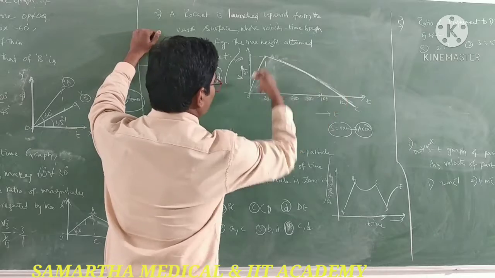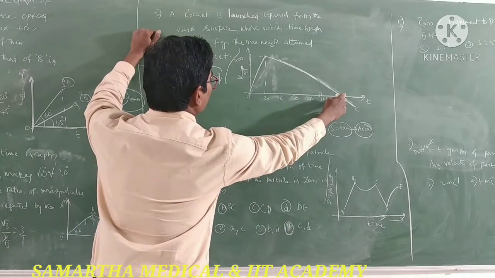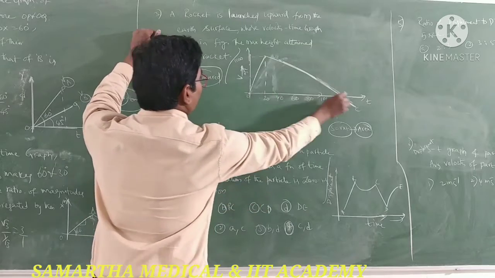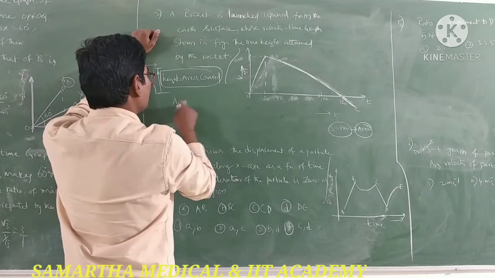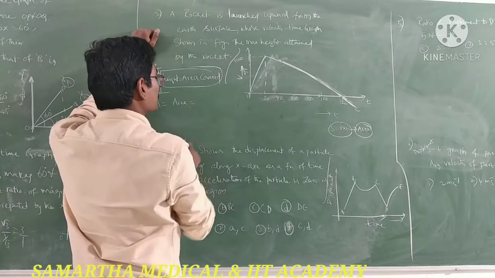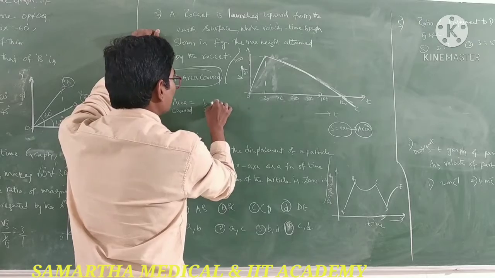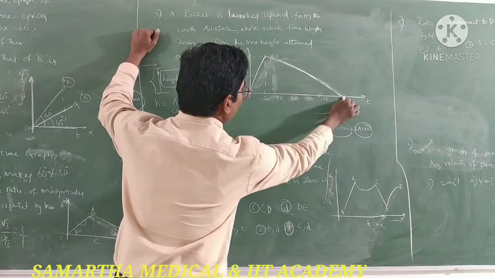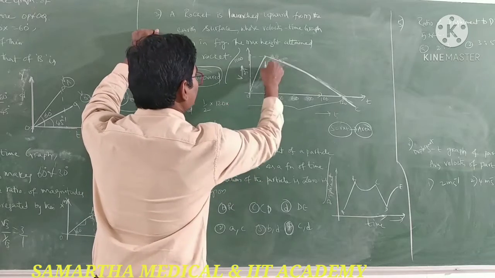This is a triangle. Till here it is 120 seconds, so it is triangular in shape. Height H is equal to the area covered, which is half into the base of the triangle, from 0 to 120, into the height. What is the height?